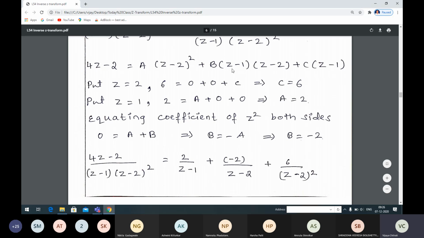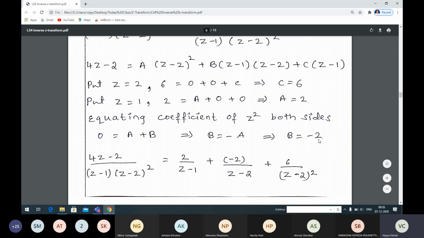On the right side, expanding (z - 2)^2 gives a z squared term with coefficient A. Multiplying the other two factors also gives a z squared term with coefficient B. So 0 is equal to A plus B, or B is equal to minus A. We know A is 2, so B is minus 2.